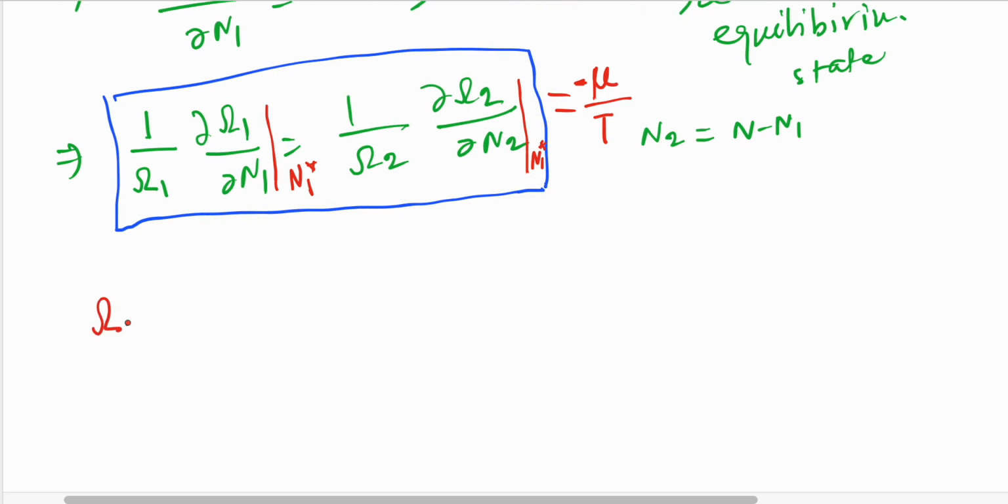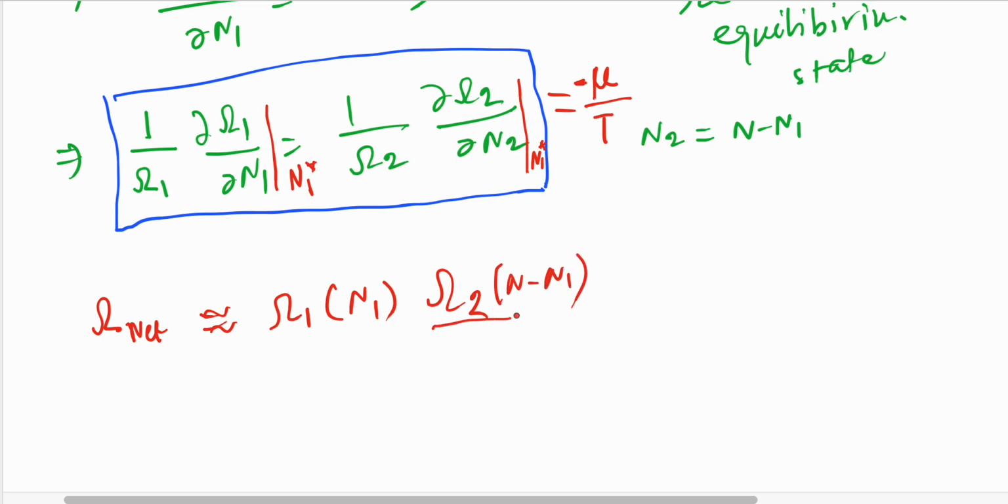Now again, if we express sigma net as sigma 1 of n1 times sigma 2 of n minus n1, since the total number of particles in the reservoir is much larger than n1, the number of particles in system 1, sigma 2 can be expressed in a Taylor series.